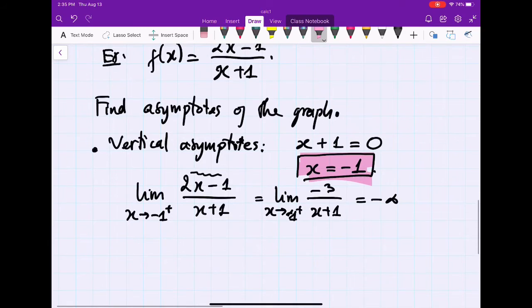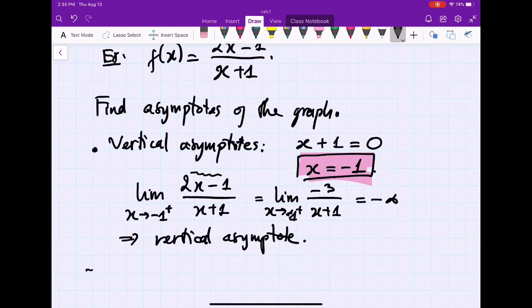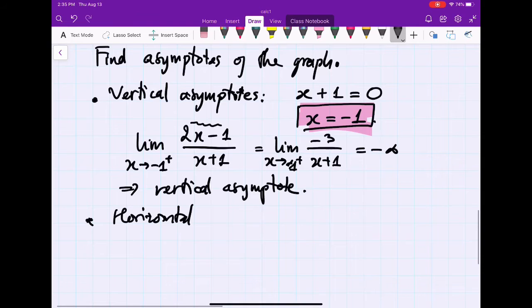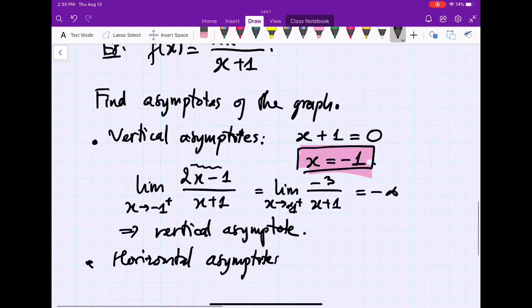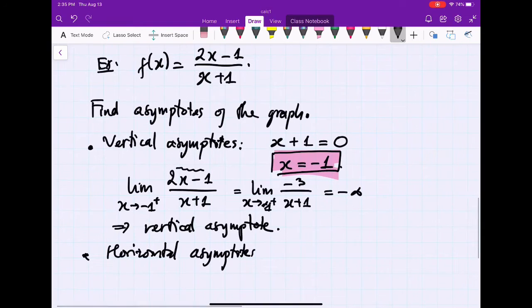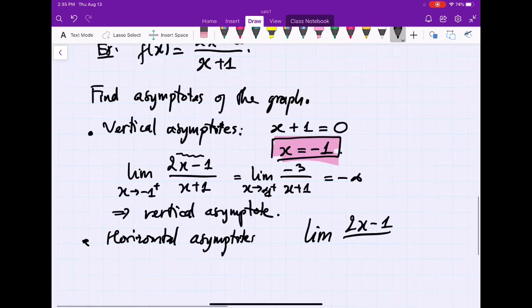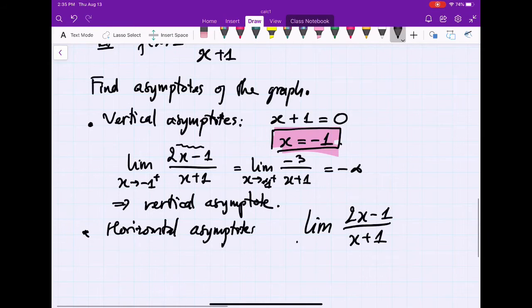Okay, now let's talk about the horizontal asymptote. In order to do that, you need to consider the limit of the function at infinity. The limit of (2x minus 1) over (x plus 1) as x approaches infinity.